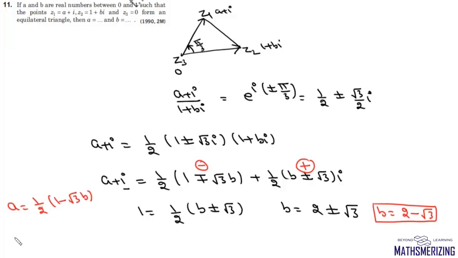Now we'll put the value of b here, so it will be a equals 1 by 2 (1 minus root 3 b), which will be 1 by 2 (1 minus 2 root 3 plus 3), which is 2 minus root 3. So the value of a and b, they are equal, and they are equal to 2 minus root 3.